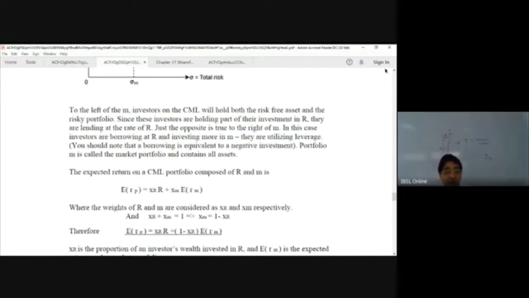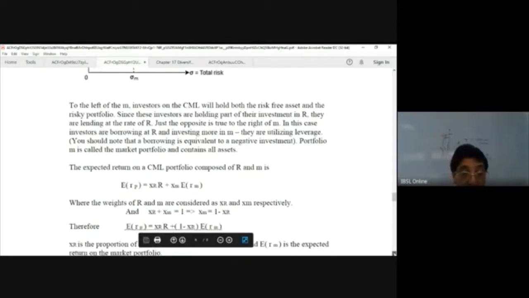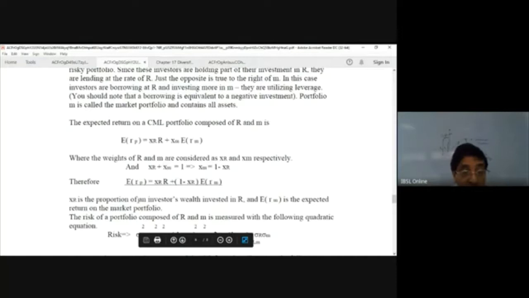So XR plus XM would be 1, and XM is equal to 1 minus XR. Therefore, ERP is equal to XR into R plus 1 minus XR into ERM. XR is the proportion of an investor's wealth invested in R, and ERM is the expected return on the market portfolio. The risk of a portfolio composed of R and M is measured with the following quadratic equation.